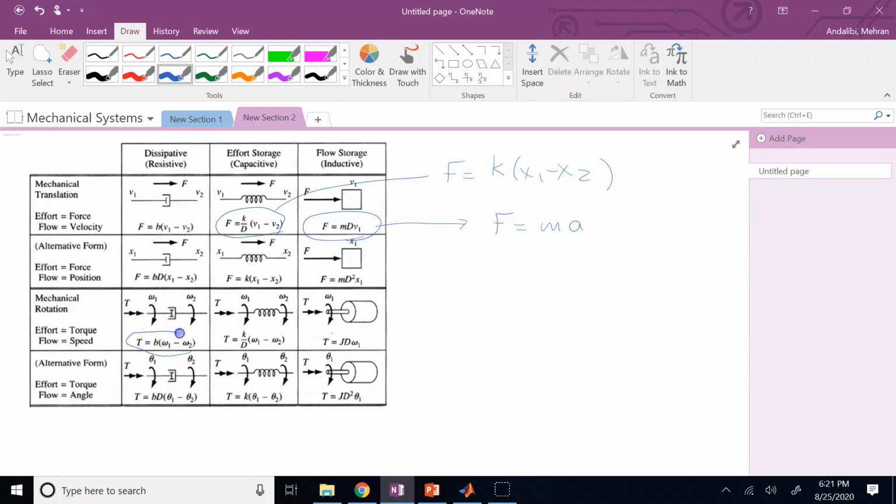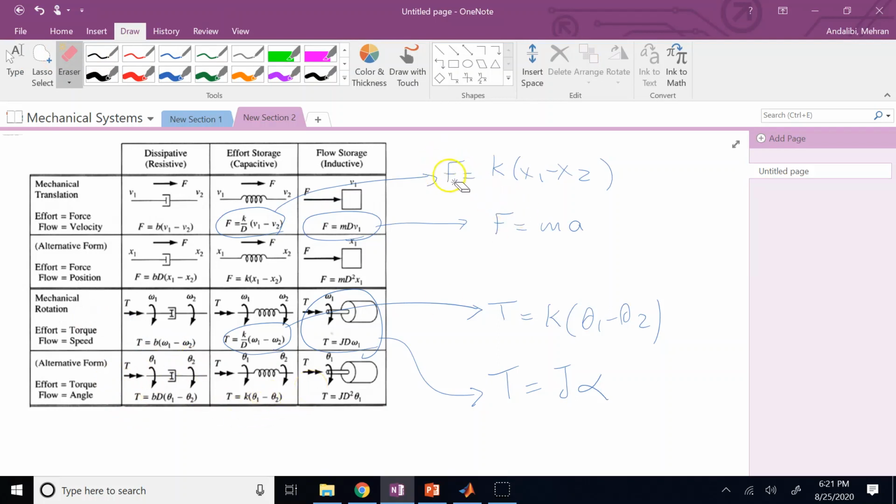Then this one means torque is equal to K times theta 1 minus theta 2, and this one means torque is equal to J times alpha, d omega over dt. So that's the meaning of this d operator.